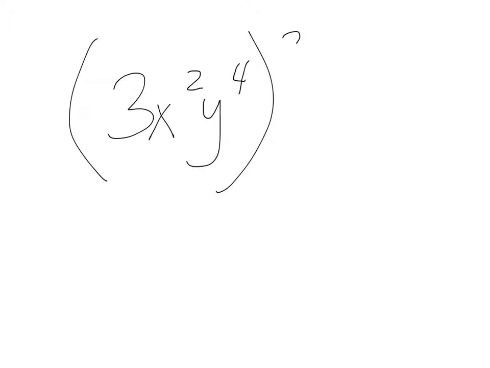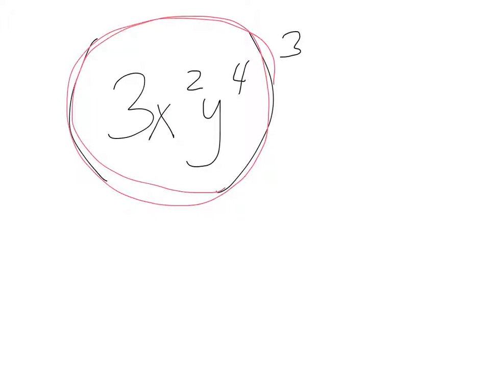Okay, so what you do here, actually no, I'm not going to do that. So say you had 3x squared y to the 4, cubed. That is telling you that this happens 3 times, right?